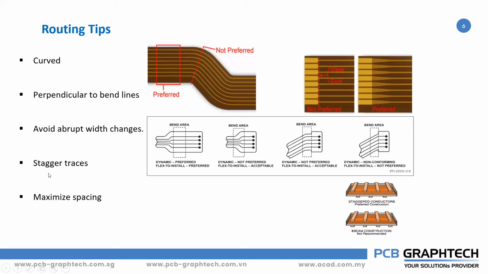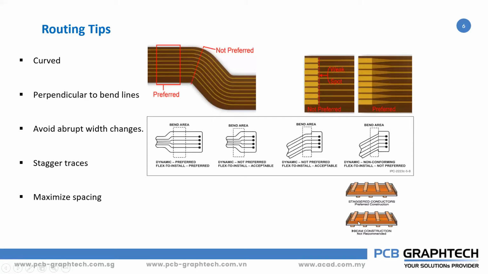Then when you go for the staggered traces, you can see the third picture here. Here you have a 2-layer board. In the 2-layer board, we have traces on the top and traces below. There is a gap between one trace and the other. There should be maximized spacing. So this is the correct preferred construction to place your staggered traces.